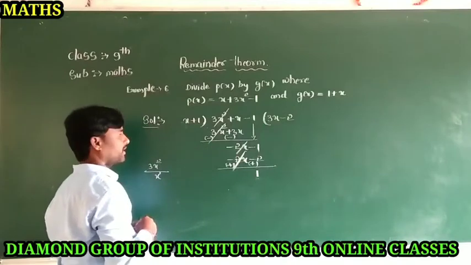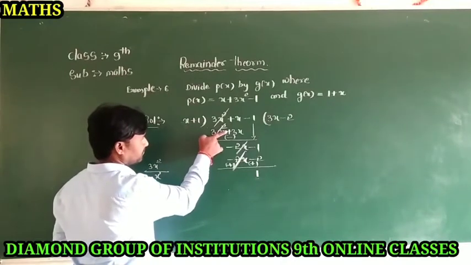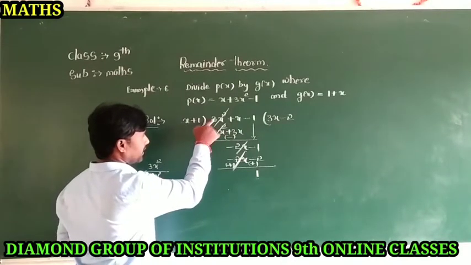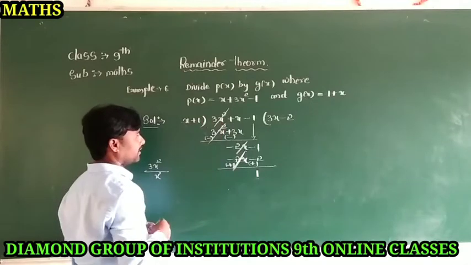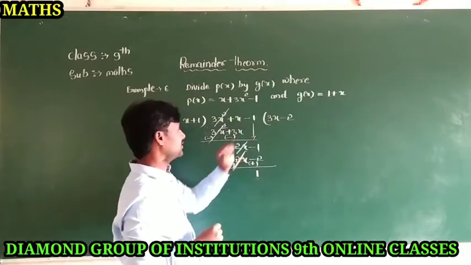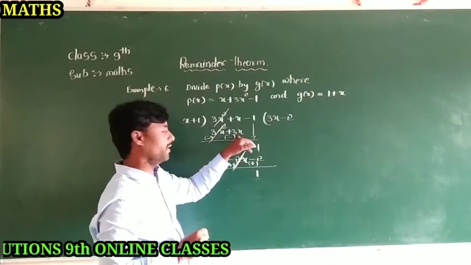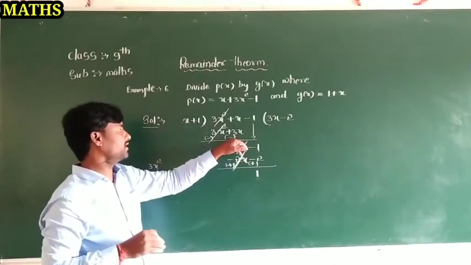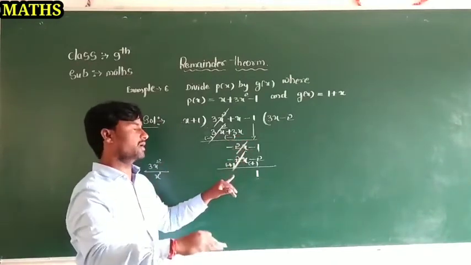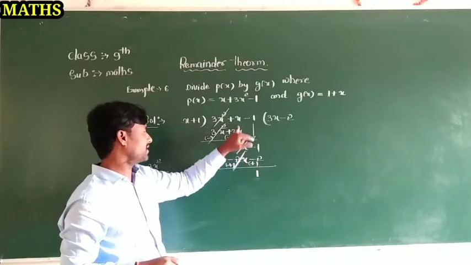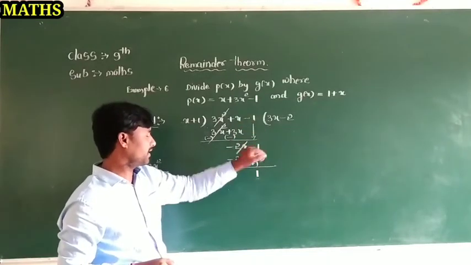Afterwards you should do the subtraction. This plus becomes minus, plus becomes minus, plus 3x square minus 3x square both get cancelled. So next, plus x minus 3x is there. The greatest variable term is 3x, and the sign is minus, that's why our answer becomes negative. So minus 3x plus x is equal to 2x, then minus 1 is as it is.